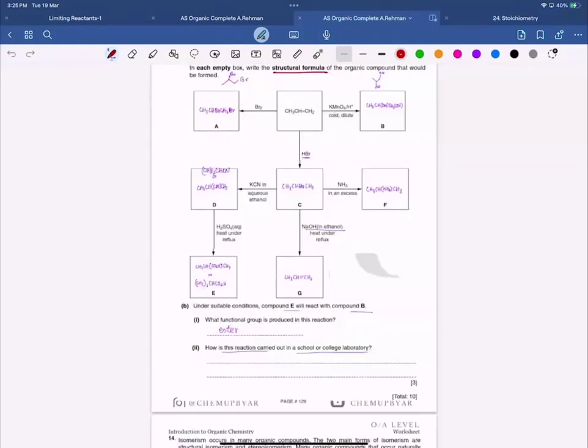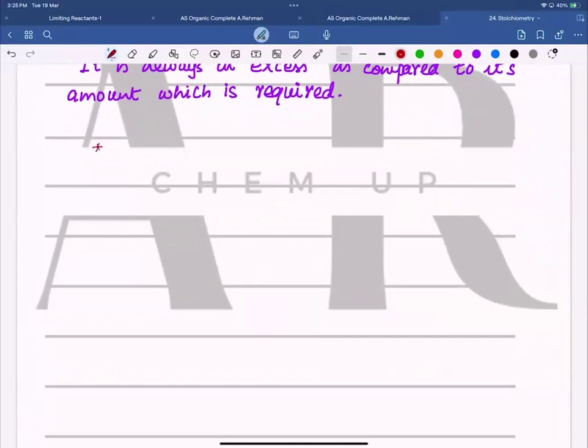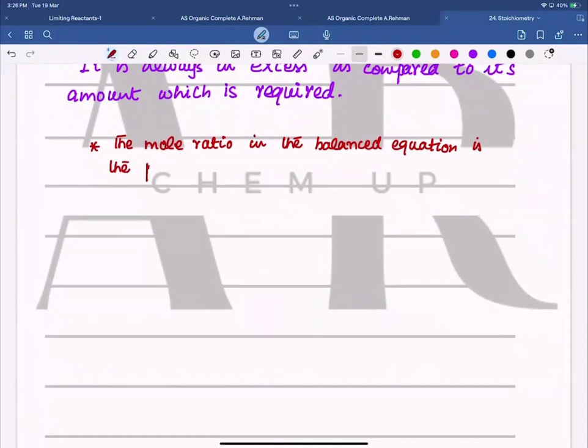Okay. So the first thing that you need to understand is the mole ratio in the balanced equation is the perfect ratio between the reactants.